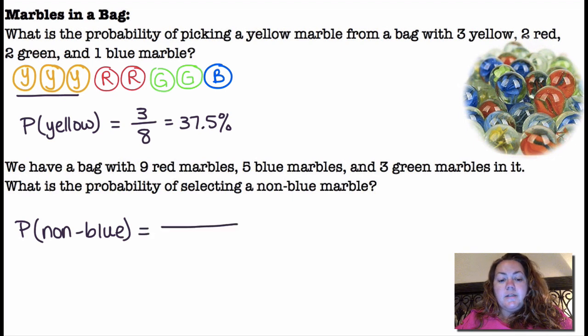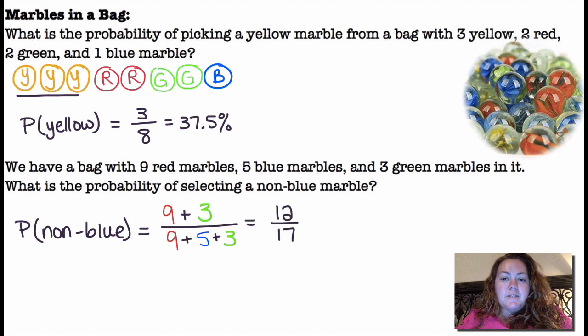I have 9 red, that's not blue. I have 5 blue, I'm not going to count that as a success. And I have 3 green, those are not blue. So 9 plus 3 gives me 12 successes out of my total possible outcomes. 9 plus 5 plus 3 gives me 17. And this works out to be 70.6%.